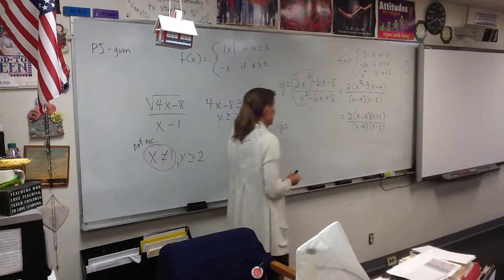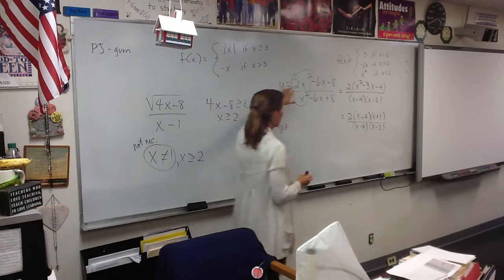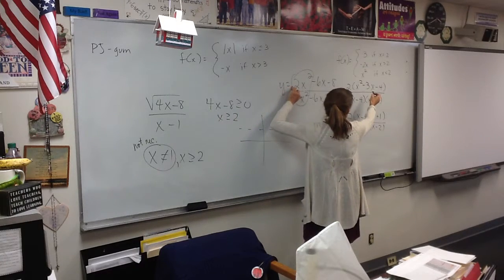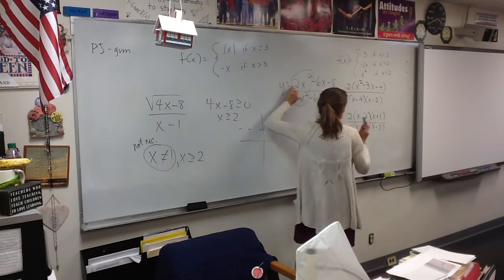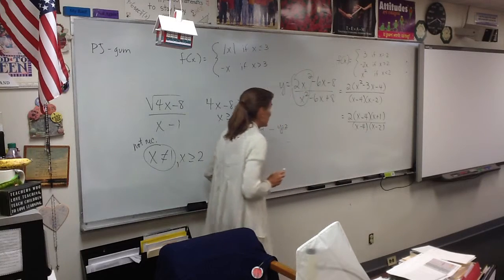All right, so I've got it factored completely. I think I took a 2 out of the top first, and then I factored. What do you think? Is that okay?